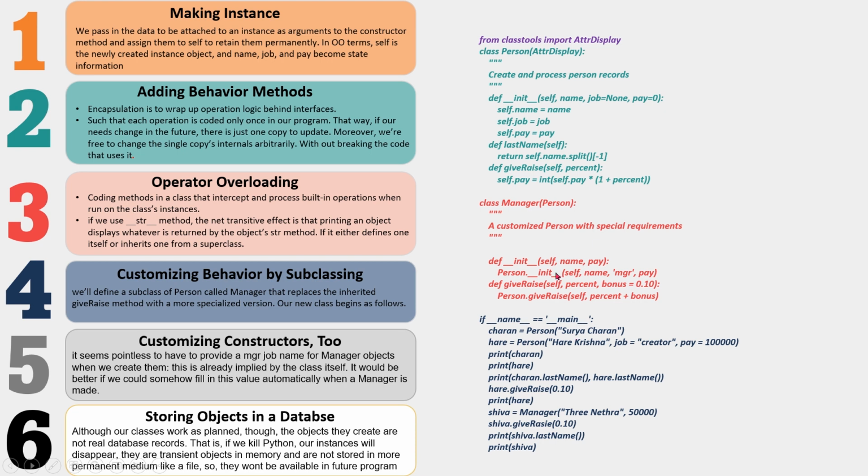Now we know we have a two module system that not only implements our original design goals for representing people, those are two, one is person, other one is manager, but also provides a general attribute display tool we can use in other programs in the future.